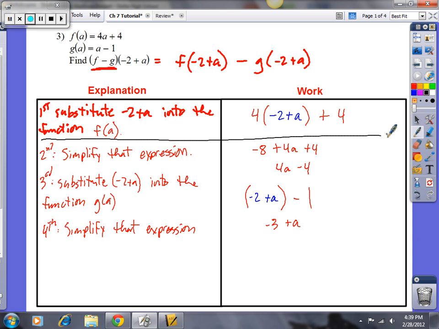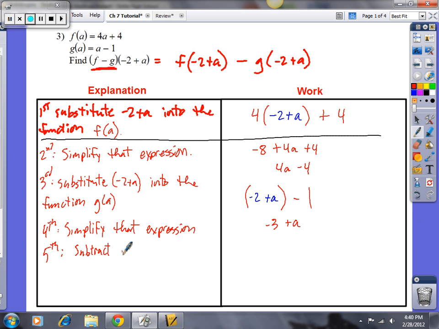Okay, then we have step 5. What are we going to do next? Fifth, you are going to subtract the function.